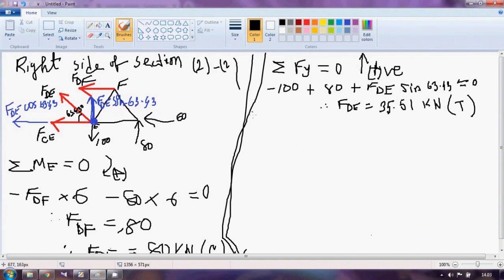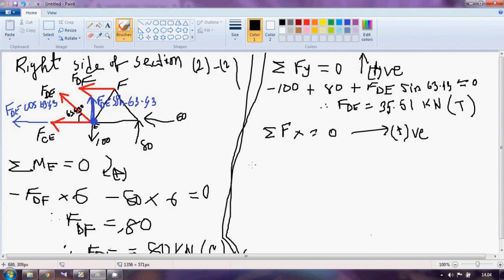Now the final force you have to determine: summation Fx equal to 0, positive. Which forces will come from this free body diagram?